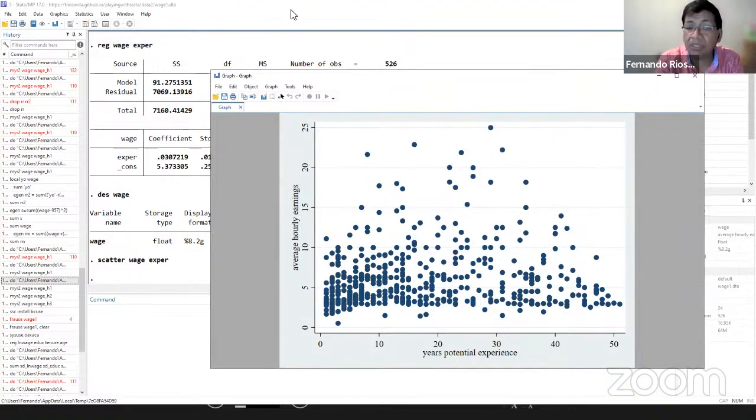So here I'm plotting the years of experience against hourly earnings. What is this showing you? Is the relationship really linear or not? You might say, perhaps it's linear and increasing, but I'm not able to capture that. Or it's almost flat, and that's why my coefficient is so small.